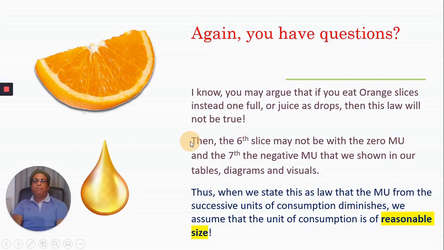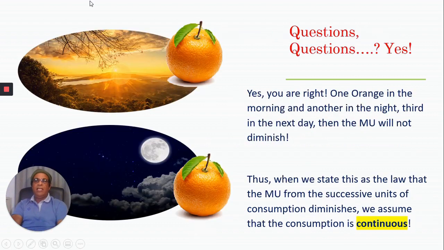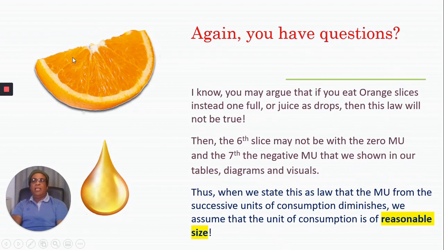Again you may ask a lot of questions. Suppose you are saying that, hey, no, I don't use this as an orange, but only a slice. Then the marginal utility, the additional satisfaction may not come because the size is very small. Or suppose you are taking orange juice, it's only drop by drop.